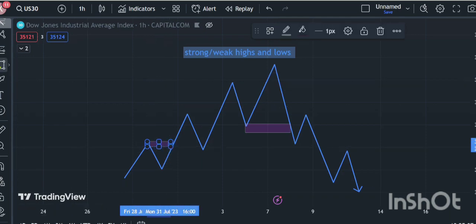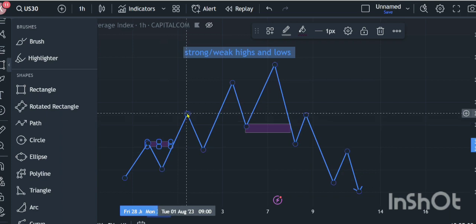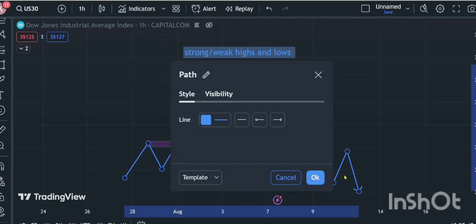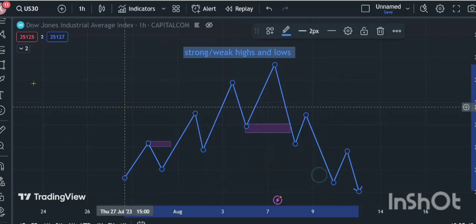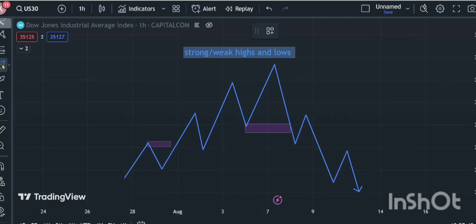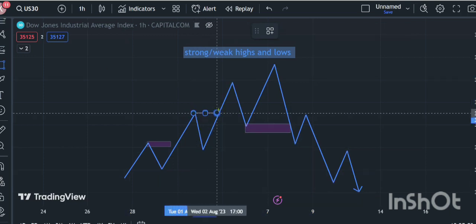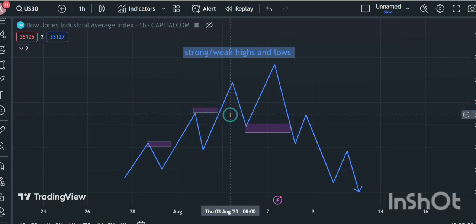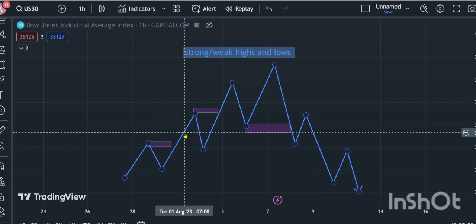So let's mark this. So on the highs on this side of market, you will notice that market kept on breaking structure. So what we have here is a break of structure. A break of structure is simply a break of either a high or a low.